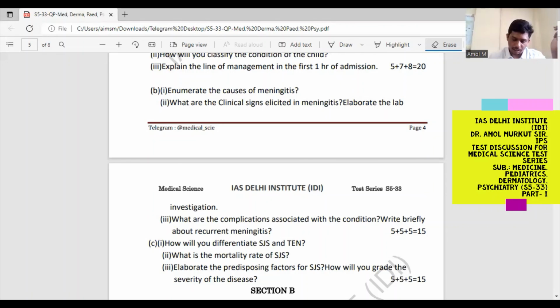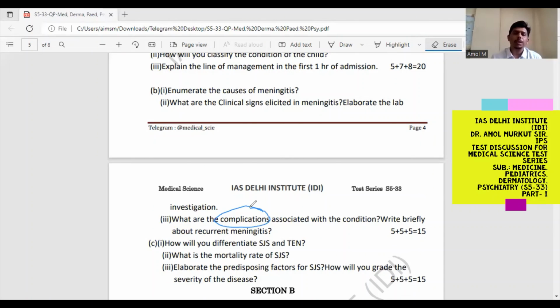Then what are the complications associated with the condition? Write briefly about recurrent meningitis. Complication क्या है? Most important आपको neurological complication लिखने हैं. Neurological complications में mostly आपको लिखना है focal neurological deficits such as aphasia, cranial nerve palsy. Then there can be various types of paralysis such as hemiparesis or paraplegia or focal paralysis of, you can say, hand.